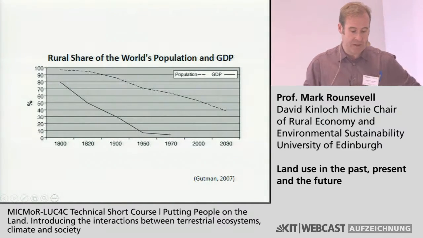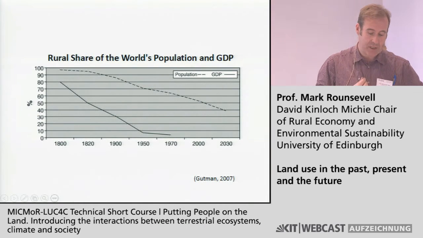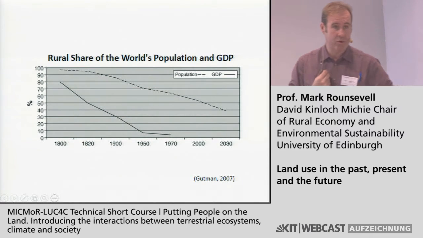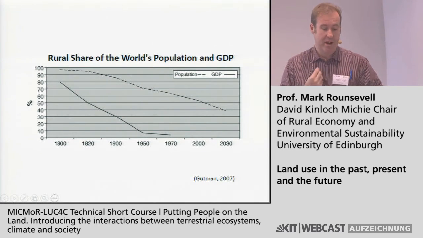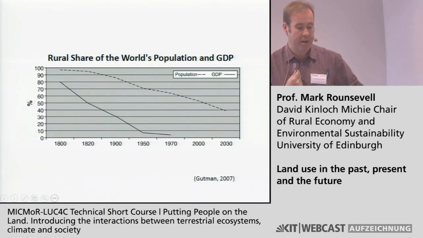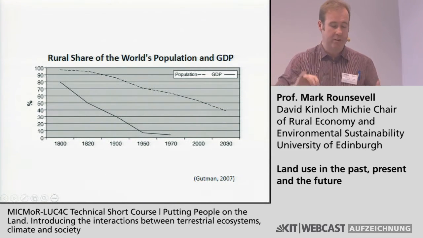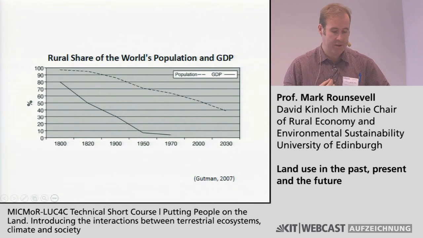And what you can see is that from about 1800, rural areas, and this is largely agriculture but also forestry, accounted for about 80% of the global GDP. And that has fallen rapidly. The curve stops in the mid-1970s, but we're down to about 3, 4, 5%. So it's an enormous change in the balance of the economics of the use of land.